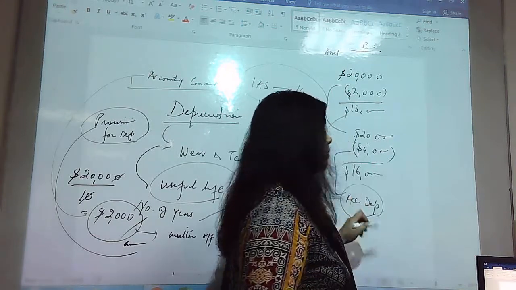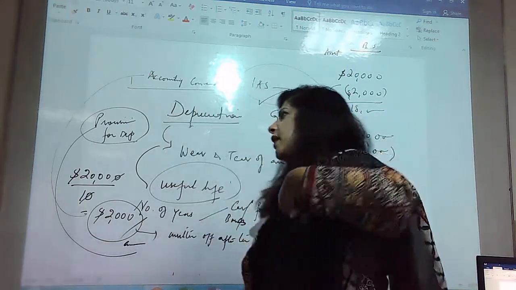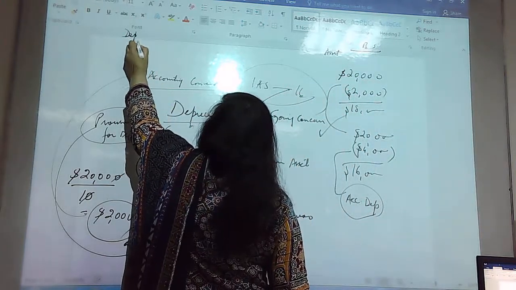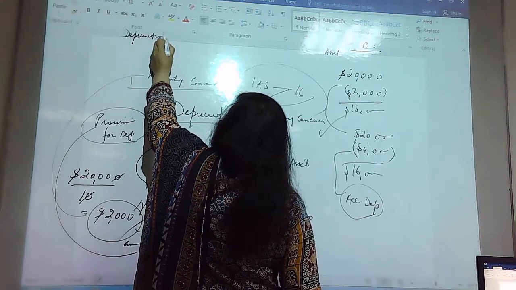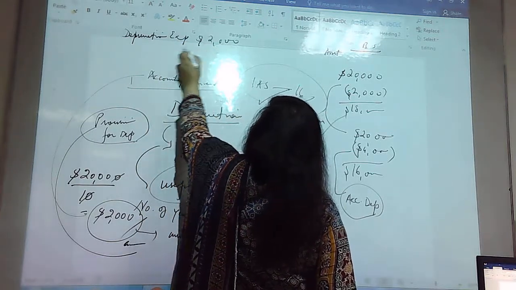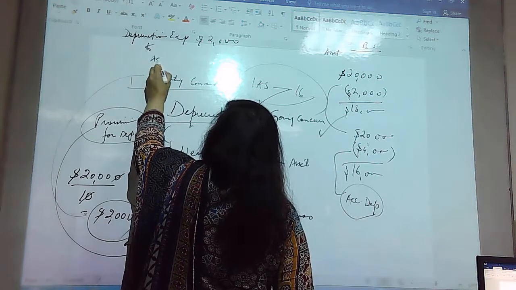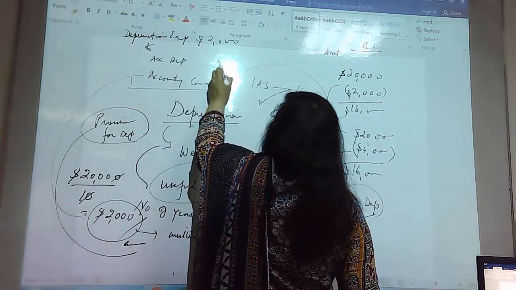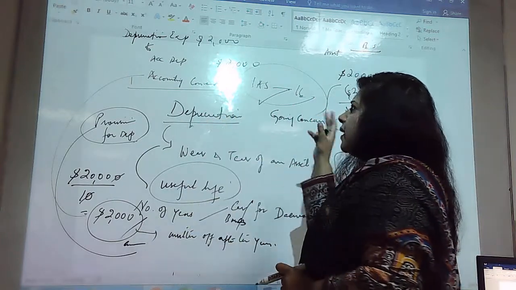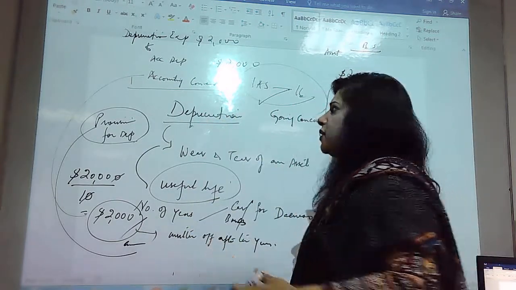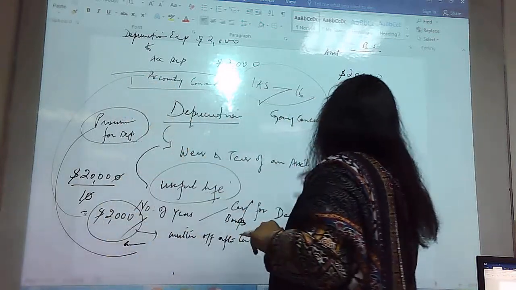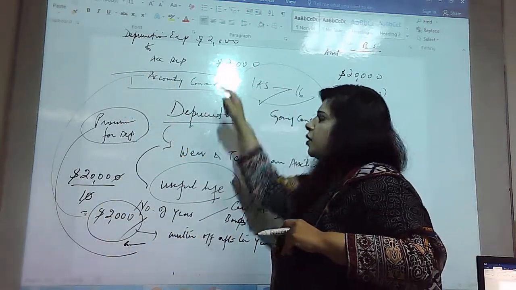Okay, now when you make an entry, and I've already told you the entries, it's going to be a depreciation expense of $2,000 to accumulated depreciation of $2,000. Okay, now this basically is a per annum entry. So when you have, let's suppose, subsequent periods, you might say that this was for 4,000 and you have just booked 2,000.